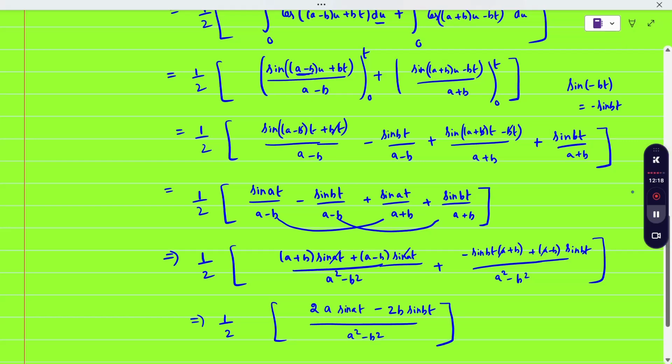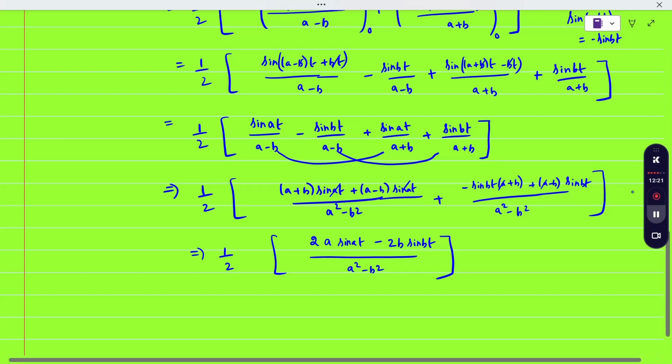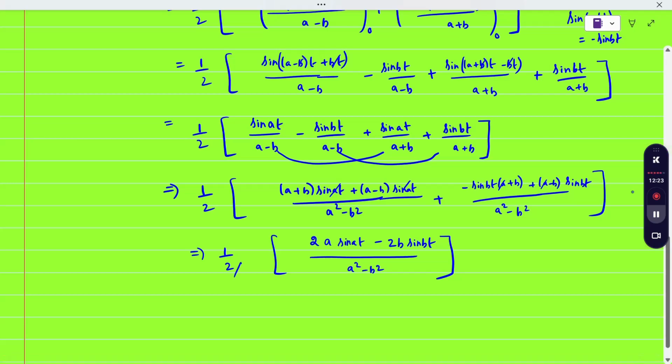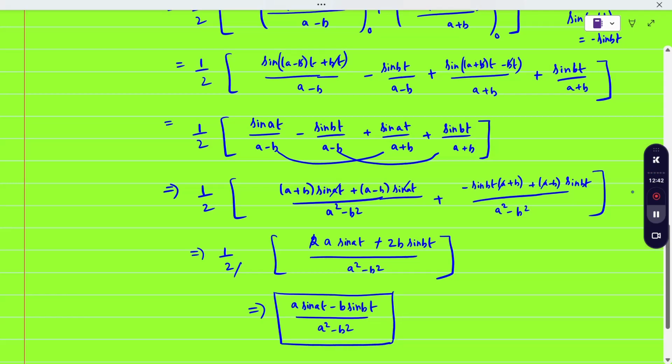Again, when I simplify, the 2 gets cancelled. So the final answer will be a sine at minus b sine bt divided by a squared minus b squared, which is our final answer for the inverse. Thank you.